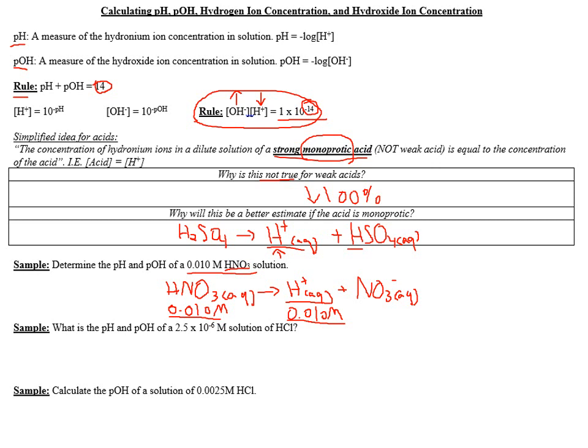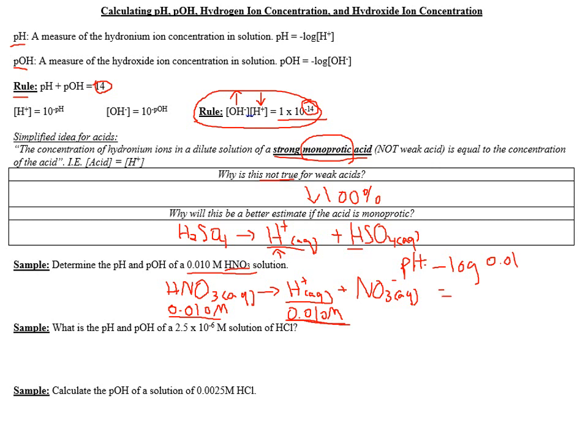If I want to find the pH of a 0.01 molar HNO3, I'd first find the concentration of H+, and then I would do the negative log of that concentration. So pH is equal to negative log of the concentration of H+, which is 0.01, and then that gives me a number.